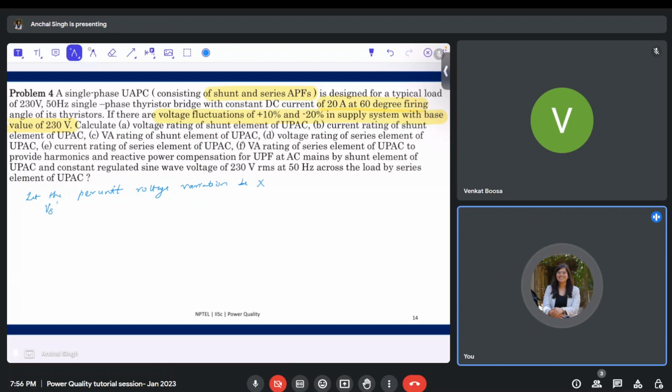And let me call Vs dash as the point of common coupling voltage under voltage variation condition.